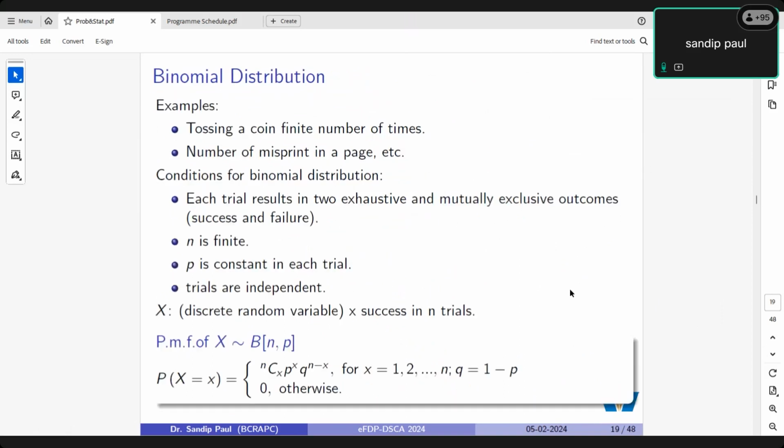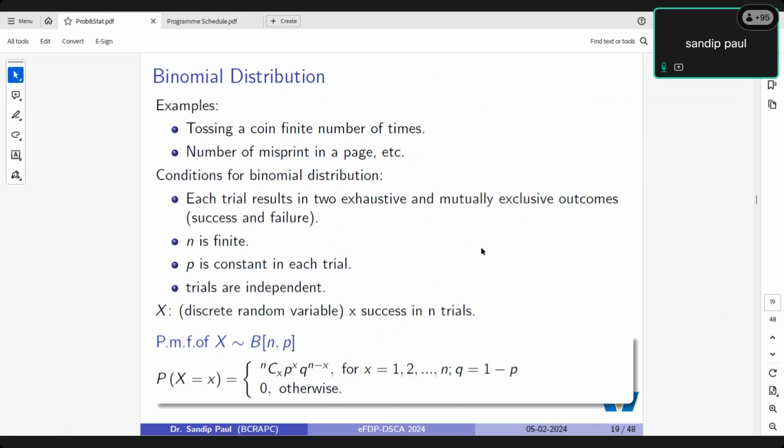Now we'll define a few special types of distributions. First is the binomial distribution. As in the picture, if we do some experiment like tossing a coin a finite number of times, or calculating the number of misprints on a page, or the marks obtained by a certain number of students, in all these cases the possible values of x are finite and countable.